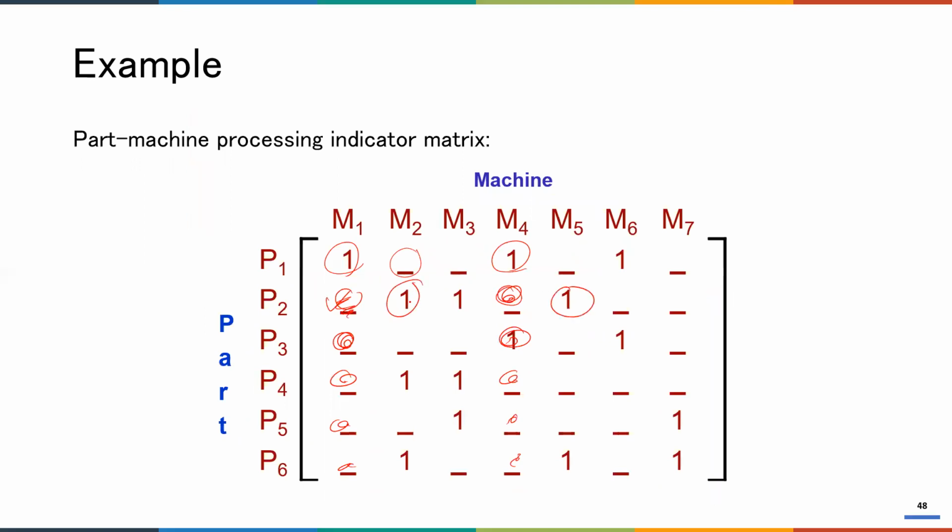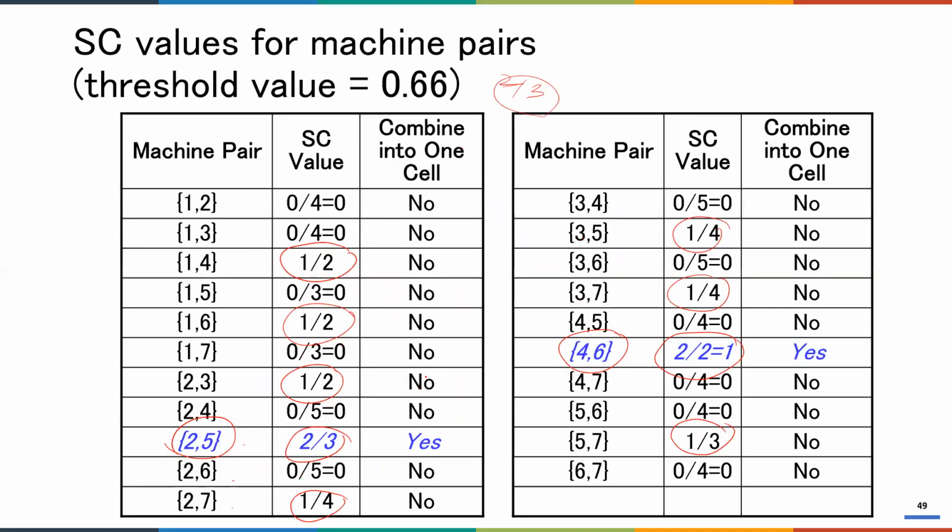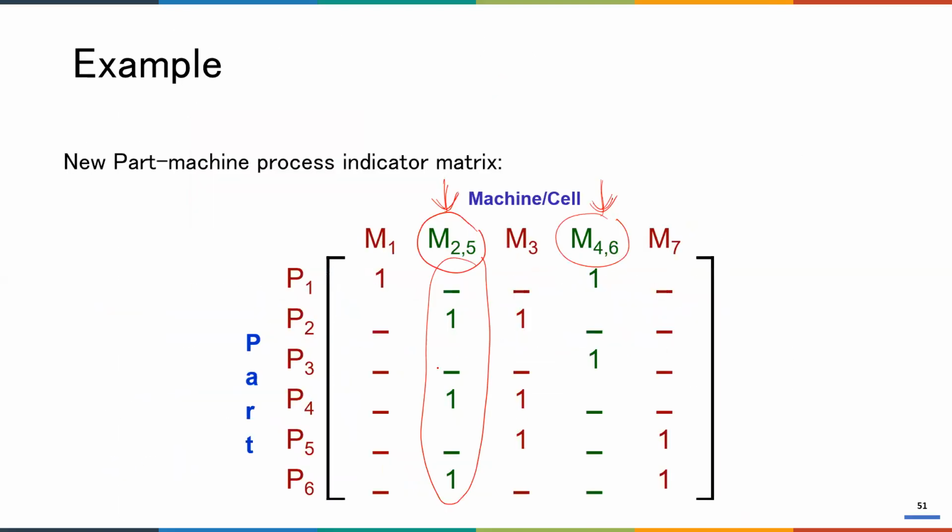For example, part 2 is made in machines 2 and 5, and part 6 is made in machines 2 and 5. However, only machine 2 uses part 4. Regardless of whether part 4 is not produced in machine 5, you still put the value 1 here because it's considered as a cell. So you use the one with the highest score. It's the same with M4 and 6.